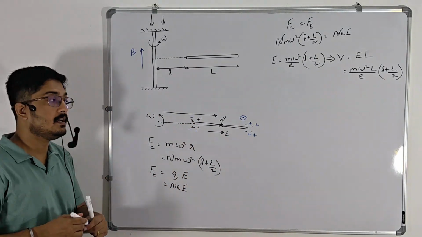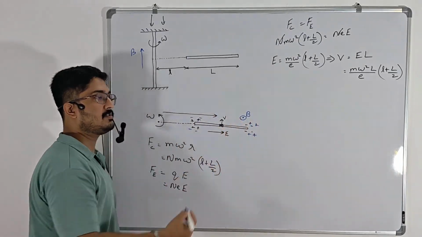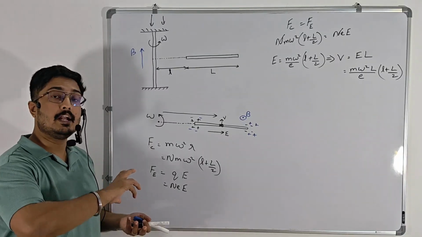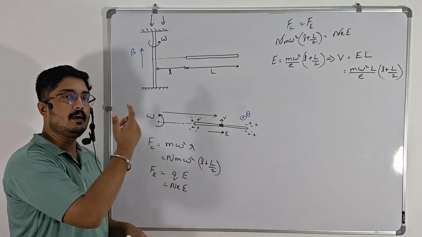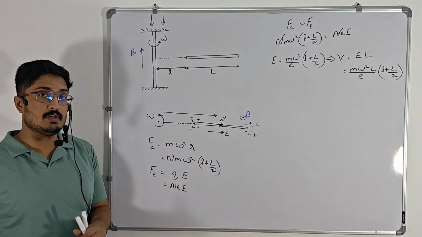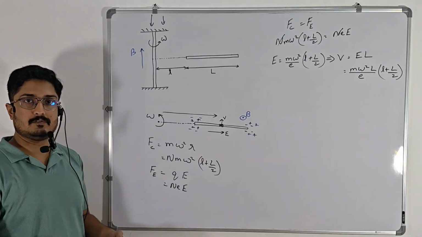So my point is, because of this magnetic field in the vertically upward direction, I am getting an EMF induced in the opposite direction to my EMF induced due purely to the centrifugal effect. So as per the question, my final EMF has to become double of this value.